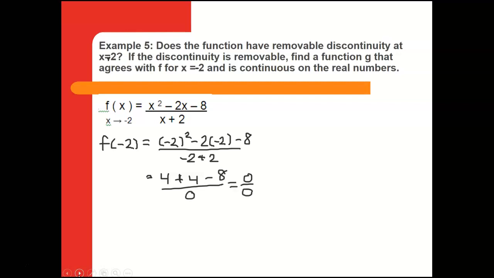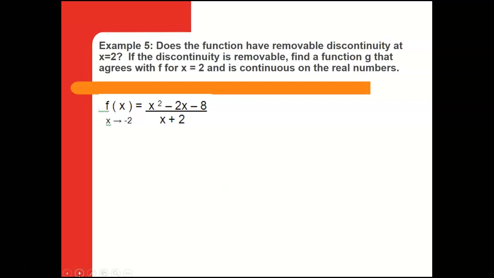So when we try to find f of -2, we get 0 over 0. So what that tells me is that f of -2 is undefined, because we're not asking for the limit, we're just asking for f of -2. It's undefined.